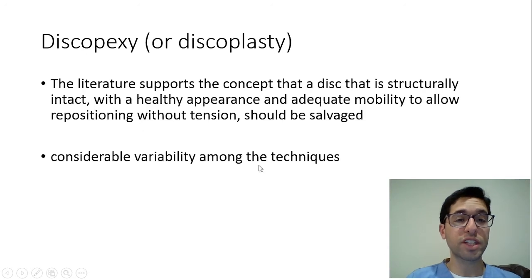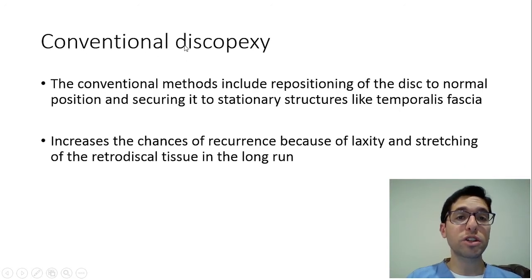There are different techniques. The most conventional discopexy means you're suturing the disc. So conventional methods include repositioning the disc to the normal position and securing it to some stationary structure, namely the temporalis fascia or the retrodiscal tissue. So you're going to reposition the disc to some stationary structure to prevent it from being anteriorly displaced.